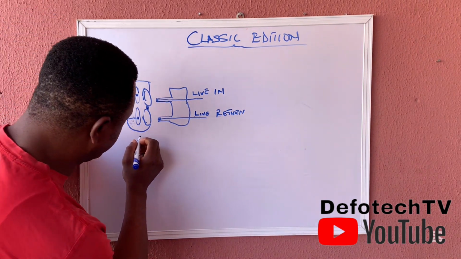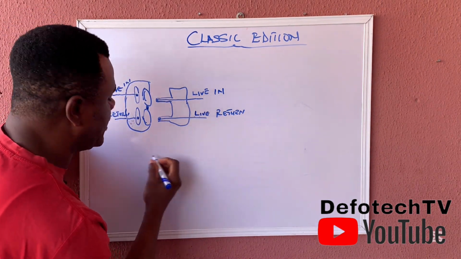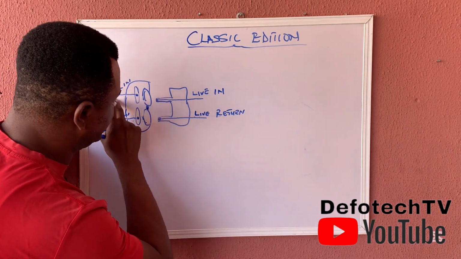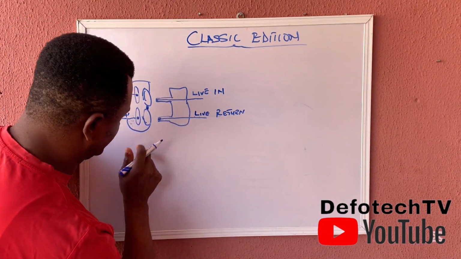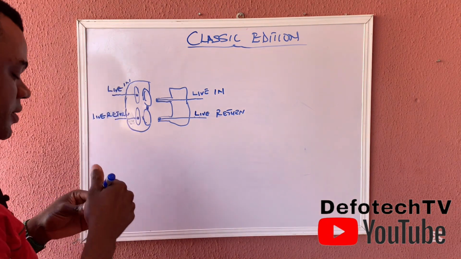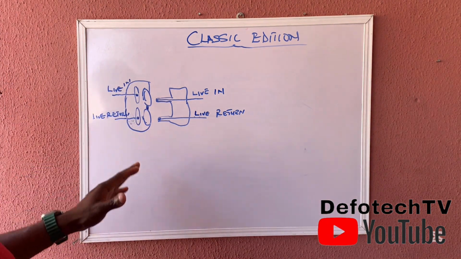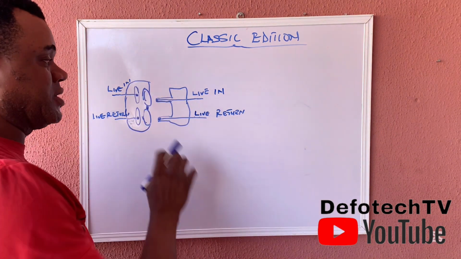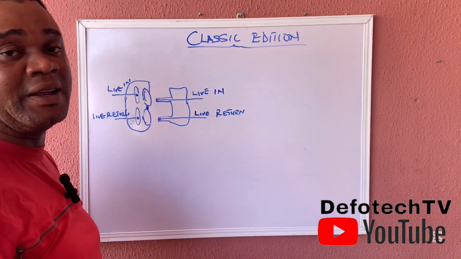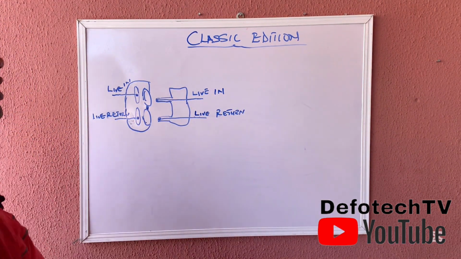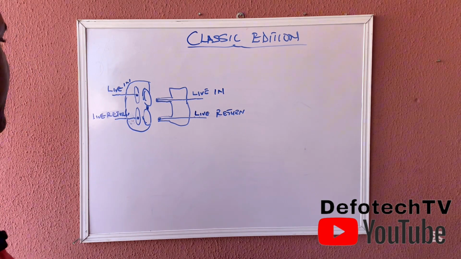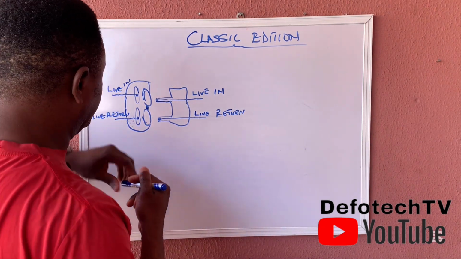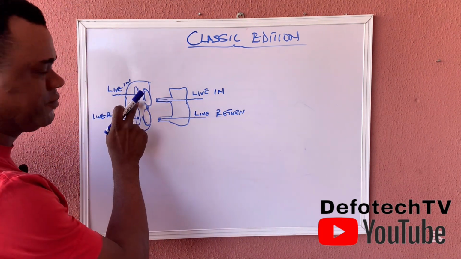But if it's a 3 terminal where you have the third one, then you have 1 earth and 2 live, which is live in and live return, and the middle is earth. But this one has just 2 terminals, the live in and the live return. This is how a typical gate contact looks like. Let's explain what we have here. For the gate contact, this part is the female.